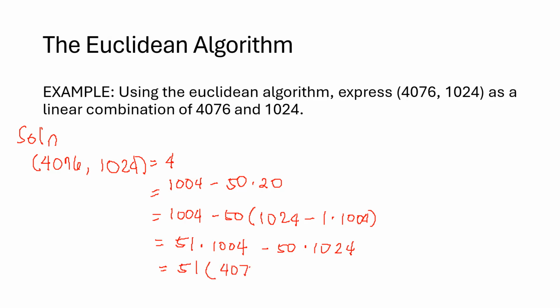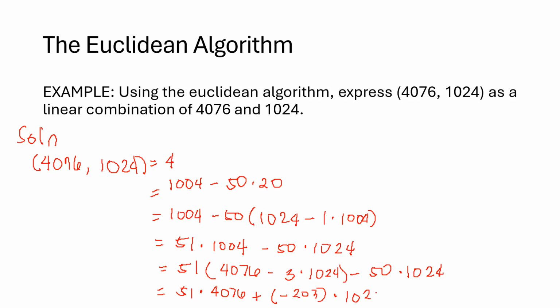In this case, we have 51 times (4076 minus 3 times 1024) minus 50 times 1024, which is equal to 51 times 4076 plus negative 203 times 1024.